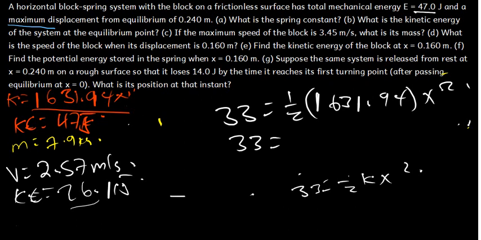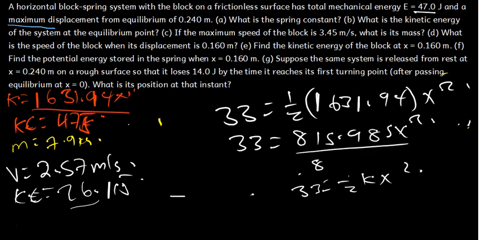So I'm getting my value as 815.985 x squared. So we divide both sides by the same value.